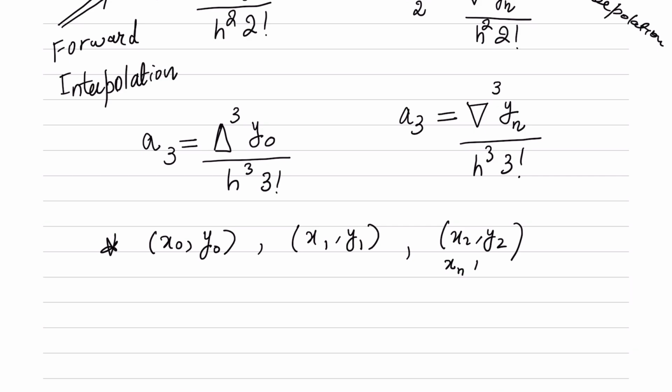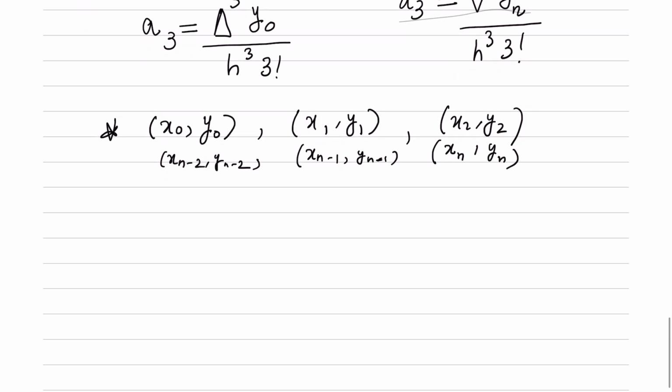Here x2 will be called xn, and then y2 will be yn. One value behind xn, yn will be xn minus 1, yn minus 1. Another value behind will be xn minus 2, yn minus 2. So here we have 3 data points.